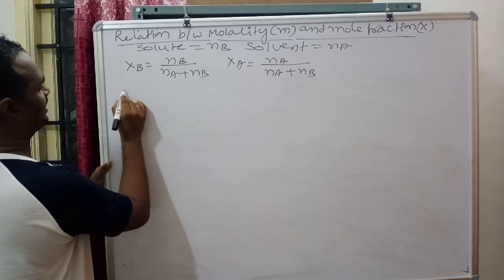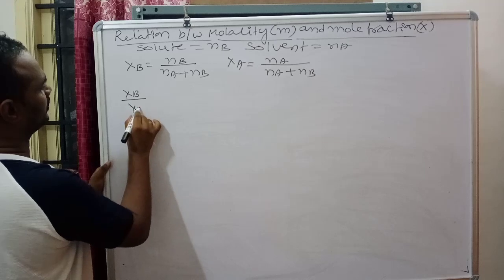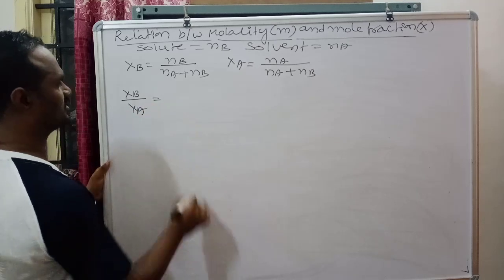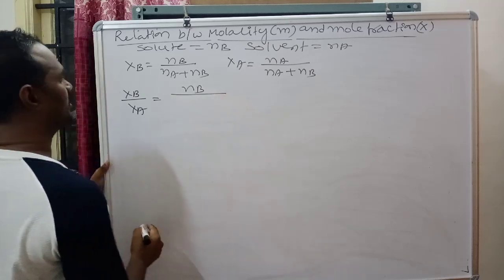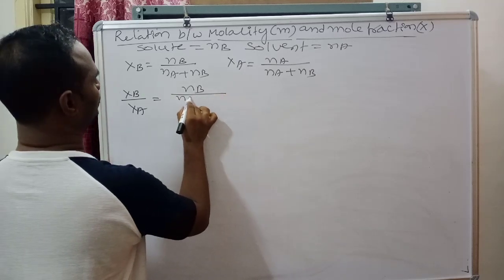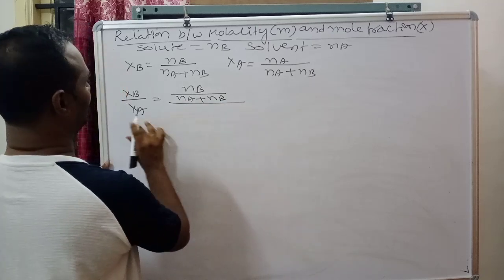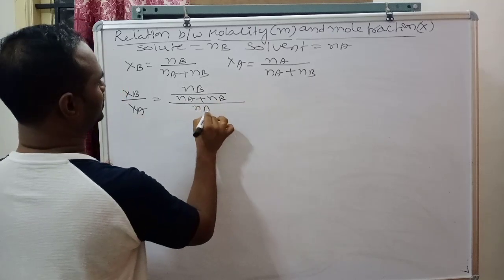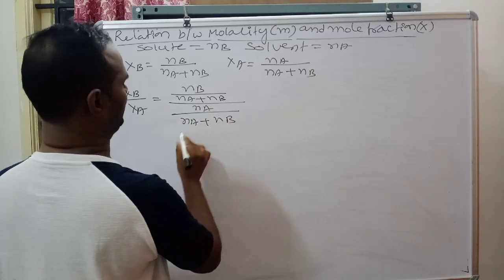Now take the ratio: XB by XA is equal to NB by NA plus NB, whole by NA by NA plus NB.